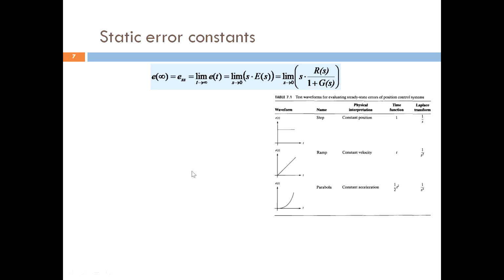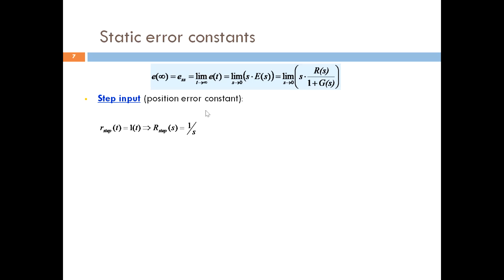Okay, so starting with the step input, because we are working in the Laplace domain, we always have to express everything in terms of a Laplace transform. So this is the Laplace transform for a unit step function.